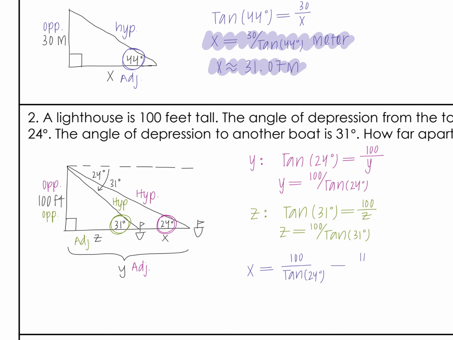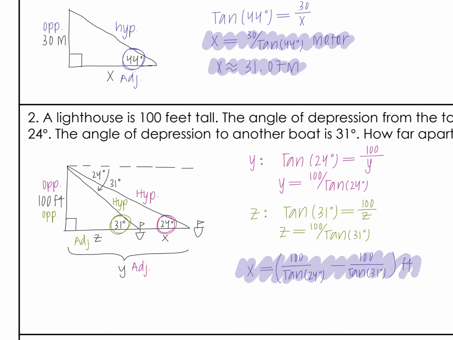So making sure that you are starting from the whole and subtracting the smaller part, we'll have 100 divided by tangent of 31 degrees. Okay, so we are measuring in feet here, so I'm going to put that at the end for my units. And this would be my answer for that x.